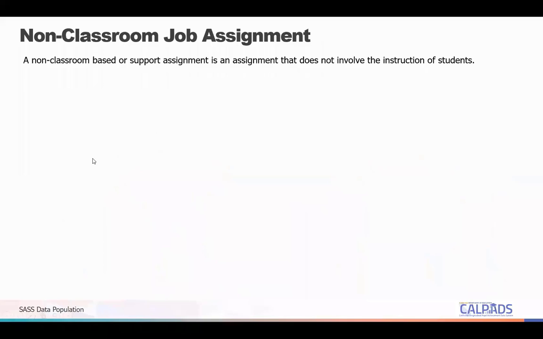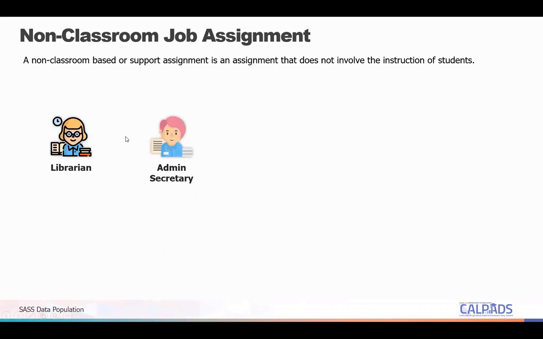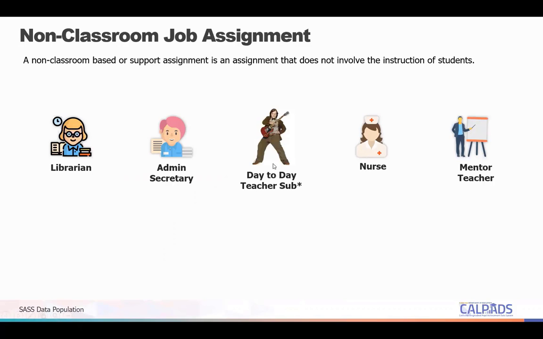As you earlier mentioned, non-classroom job assignments are non-classroom based or support assignments that do not involve instruction of students. These are duties performed by librarians, admin secretaries, a nurse, mentor teacher, and sometimes day-to-day teacher sub.